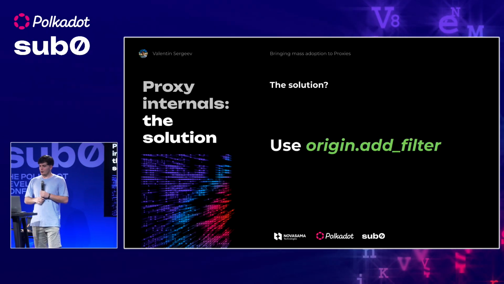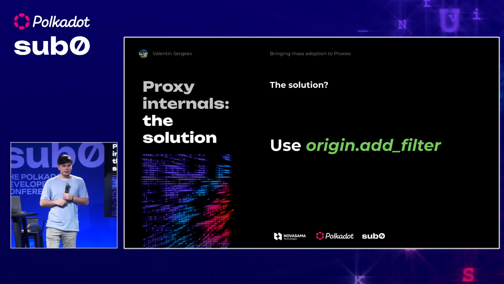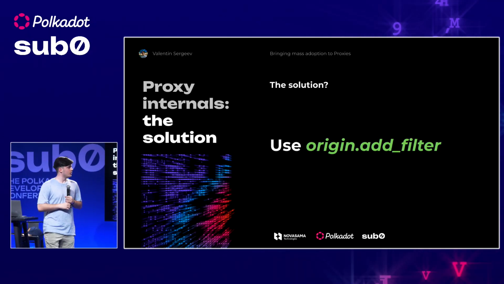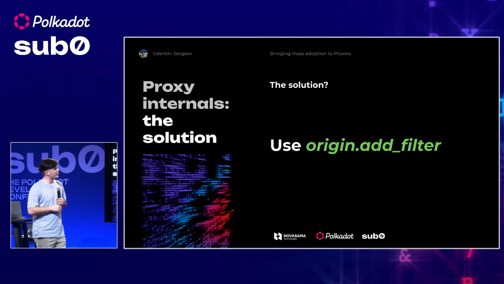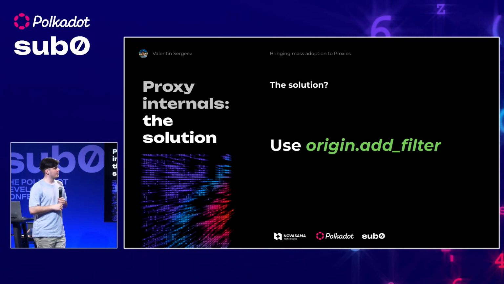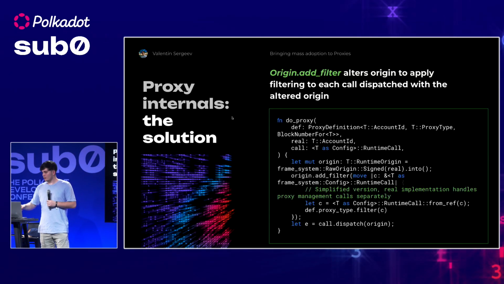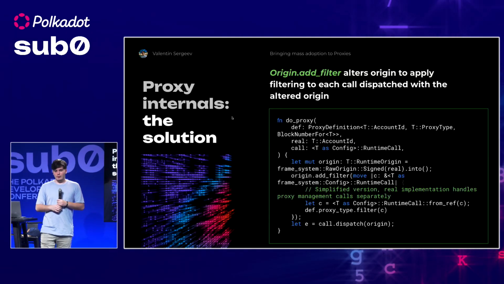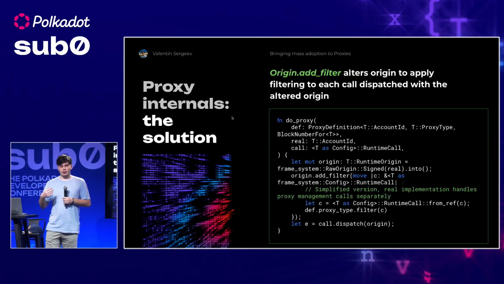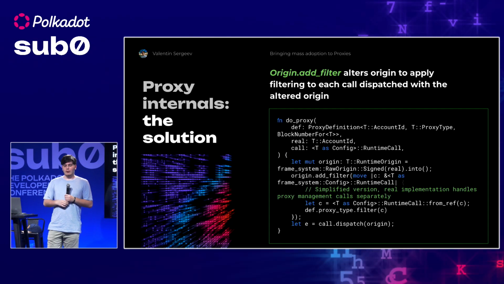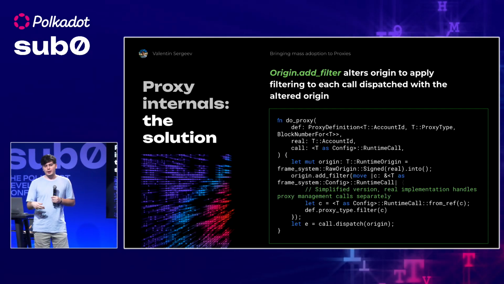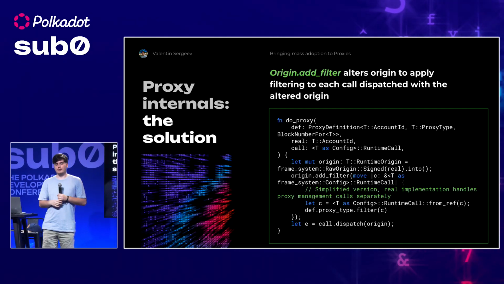However, Substrate offers us a nice mechanism to achieve our goal, which is to modify the origin we will dispatch the call with, by adding a filter on it. So how does it work? When we have an origin we want to dispatch a call with, we can alter it to apply some filtering, change some stuff in it.